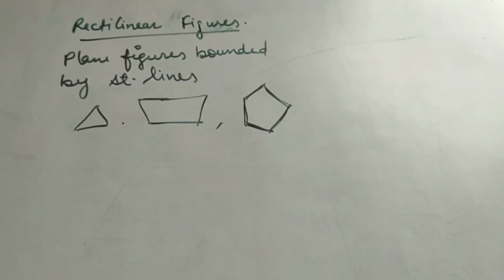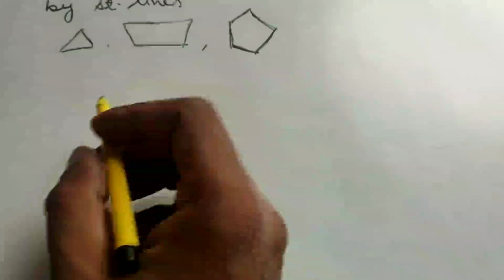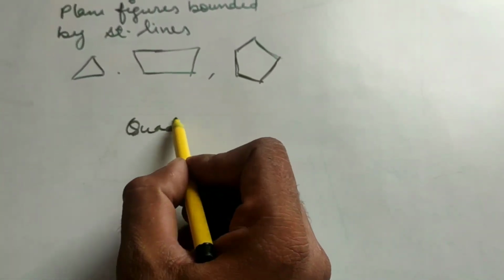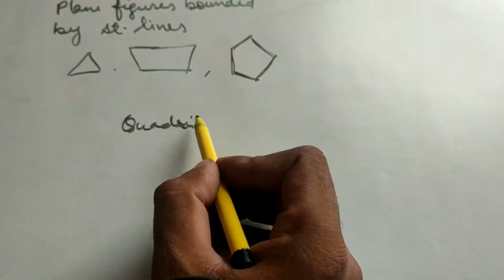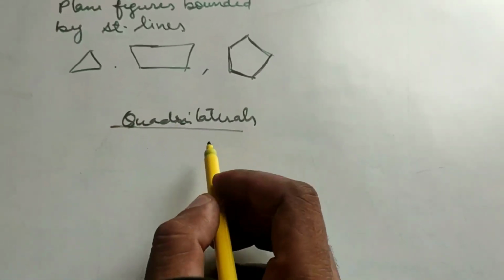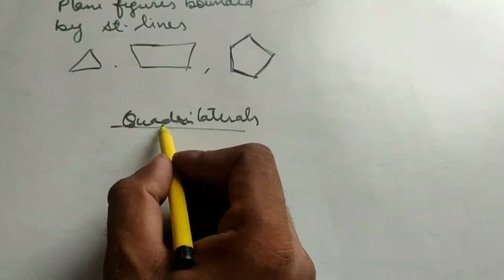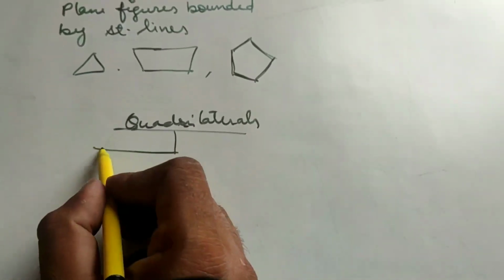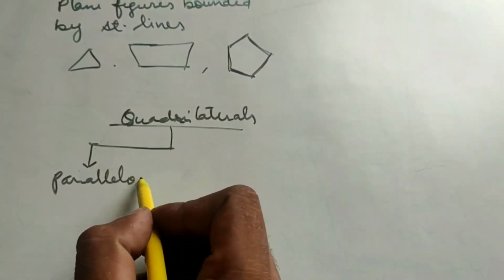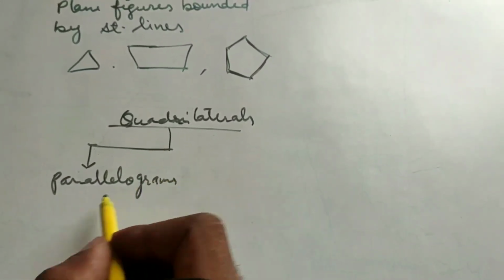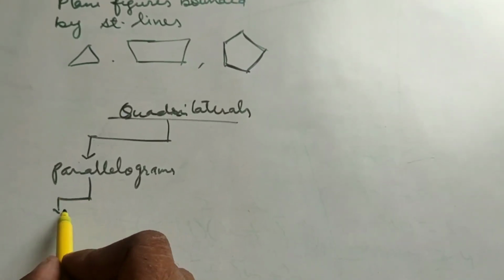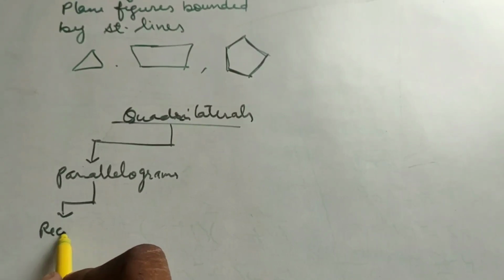Then in this topic our main concern will be on quadrilaterals. Now in quadrilaterals we will have these parallelograms, then parallelogram can further be named as, you can say, rectangle.